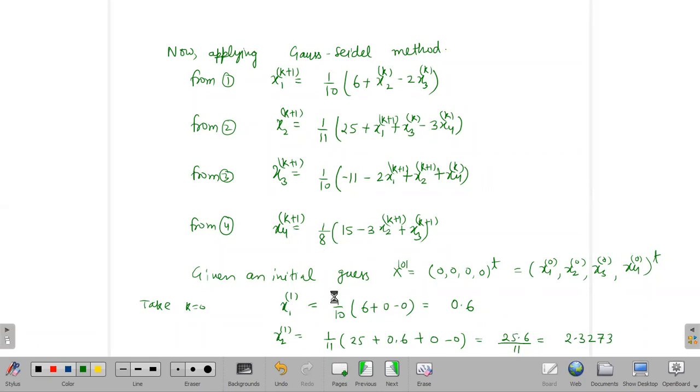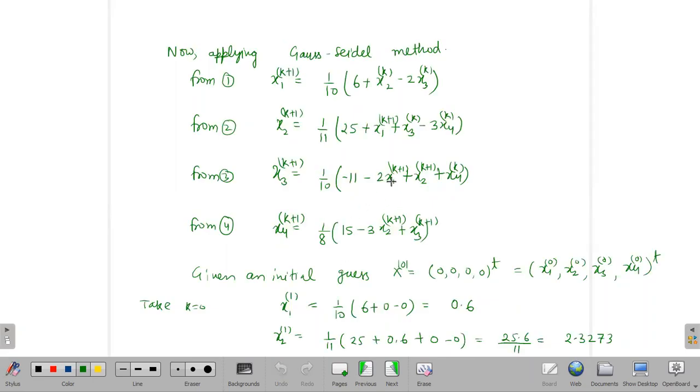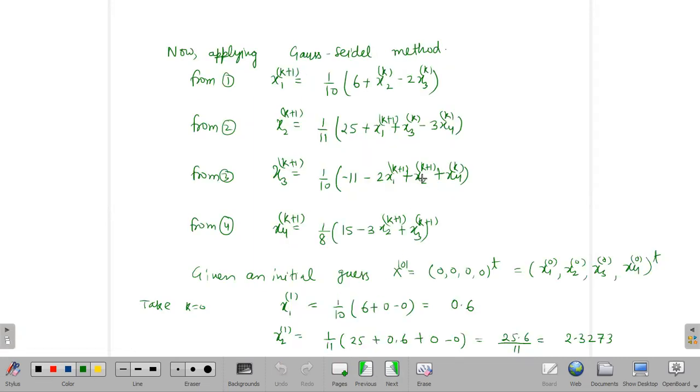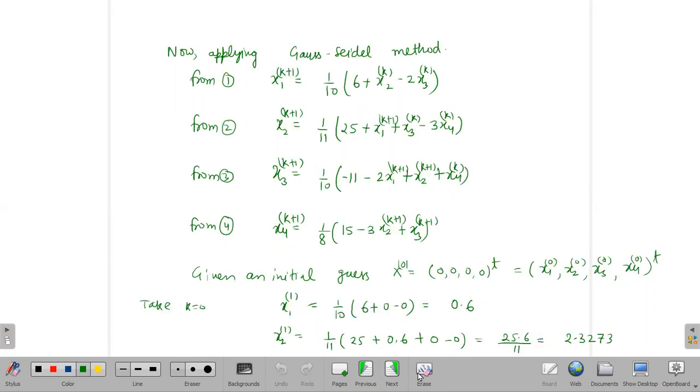Similarly x3 of 1 is 1 by 10 times (minus 11 minus 2 into the new entry 0.6, plus the new one, 2.3273, and next is x4, that is 0).